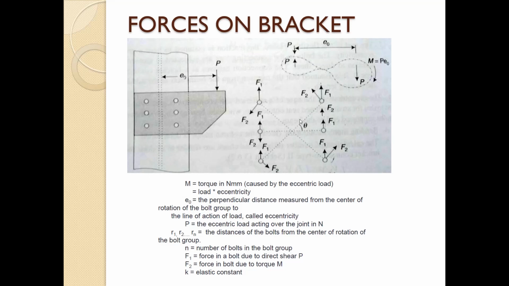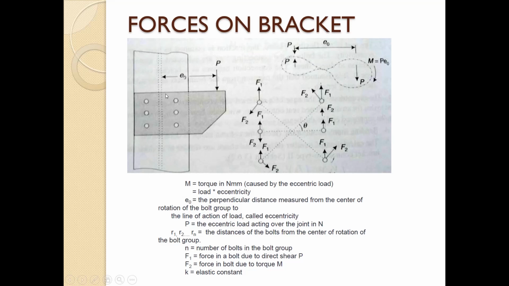First, here you can see we have the force P, which is placed at a distance E0 from the CG of this section. This P is creating a moment around this group. It tries to rotate this rivet group in the clockwise direction.